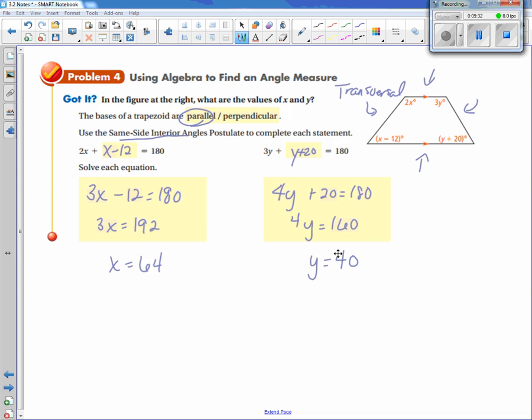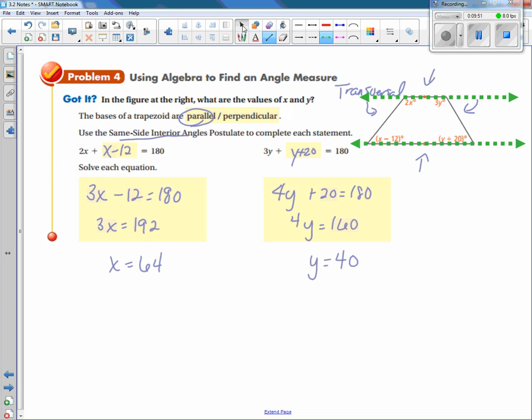Now, sometimes it's very difficult for us to see the transversal and the parallel lines. What I suggest that you do if you have this situation is that you actually extend the lines so that you can see what's really going on. If I extend these lines beyond, and then I actually cut them with a transversal line, and I'll do the transversal line this way.